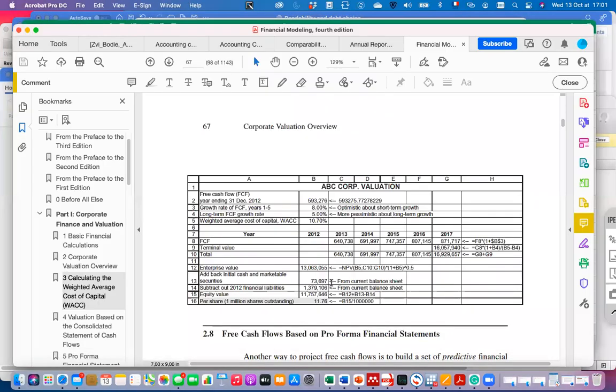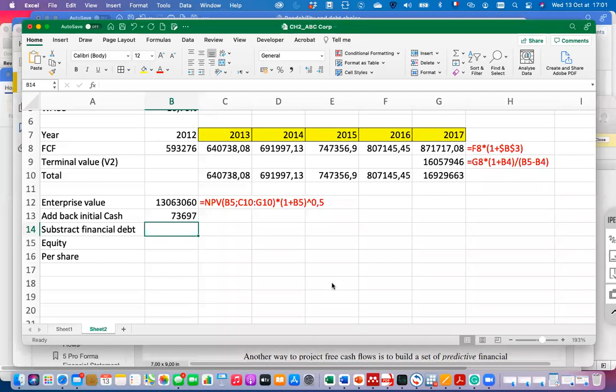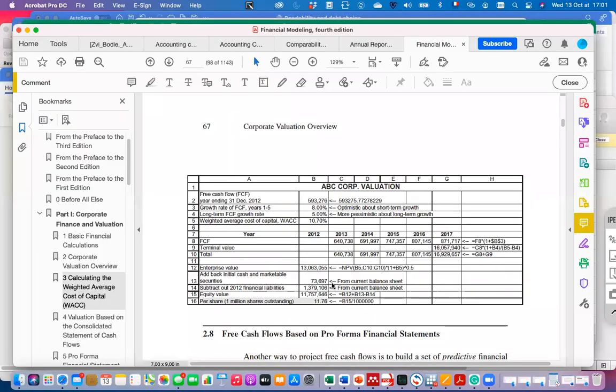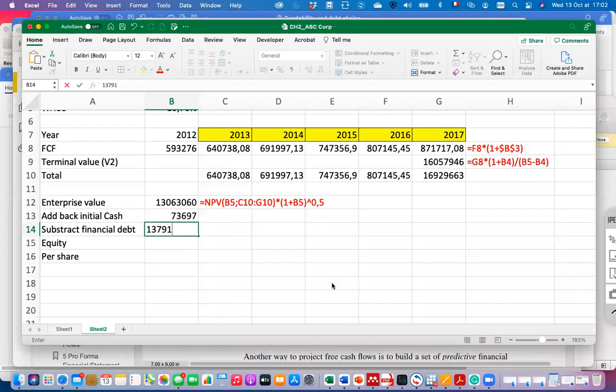Then we subtract 1,379,106. So the equity is equal to enterprise value plus the cash minus the financial debt. And the per share value is equal to the equity value divided by the number of shares, which is 1 million shares.